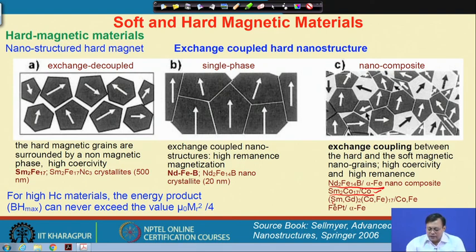With addition of gadolinium or iron we may have some cobalt or iron phases present, or let us say iron platinum, which is also a very hard magnetic phase, and we have some alpha iron present in it. This is one of the very typical examples where we can improve both coercivity as well as the remanence.